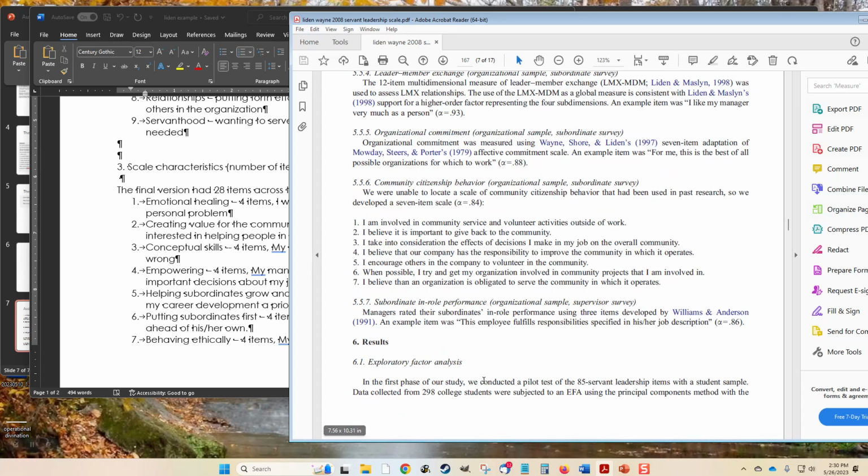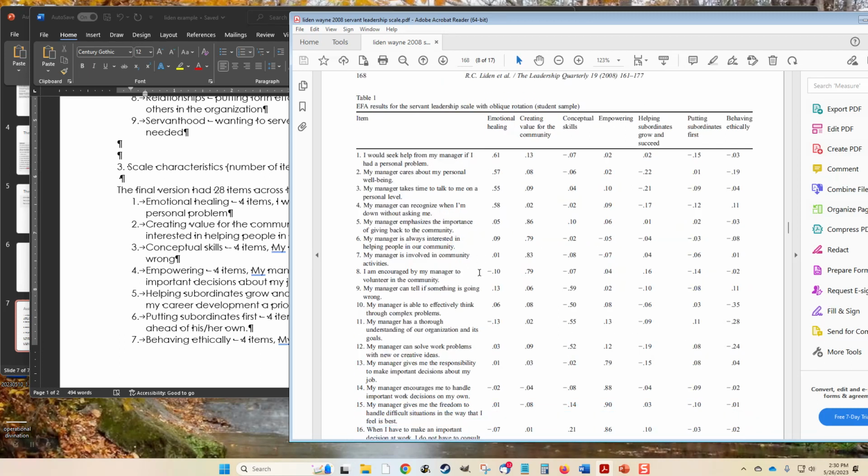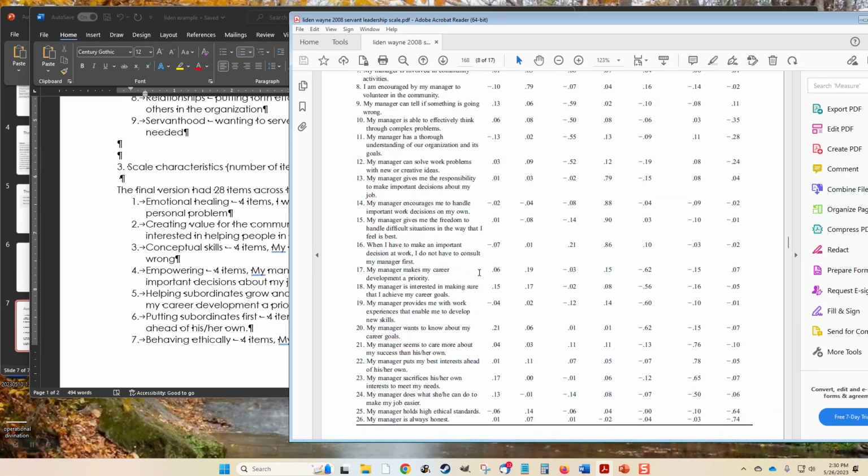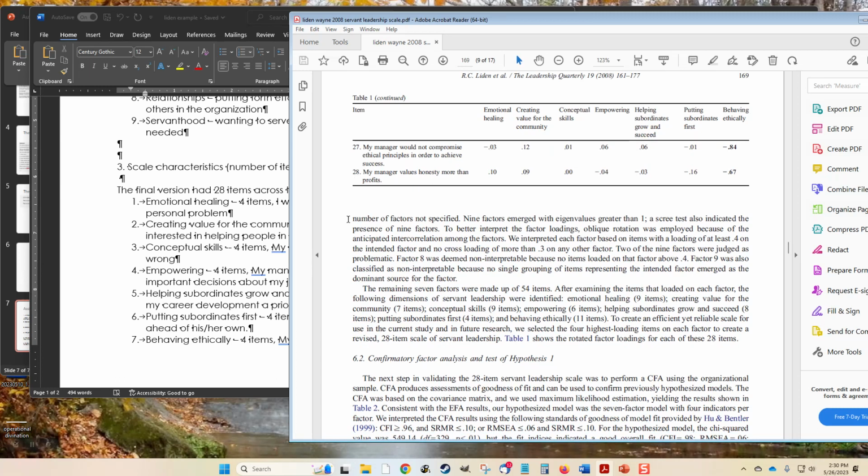The results of our study identified 85 servant leadership items. Okay, there are 26, 27, 28. 9 factors emerged with eigenvalues greater than 1. They're talking about doing a factor analysis, and this is factor analysis talking.